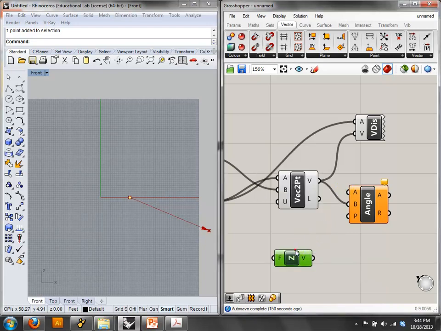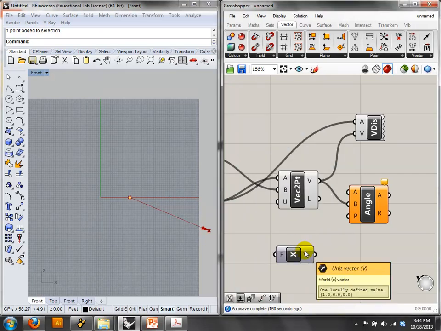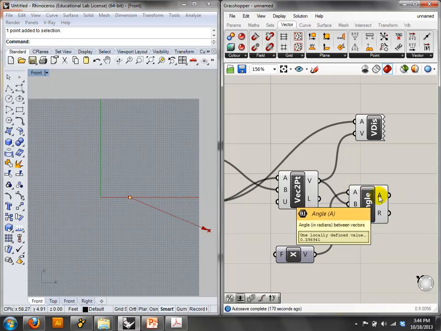Actually, the x-plane. What am I thinking about? Because remember, x, y, and z were the vectors that we were using to move things, and they're kind of dumb vectors too. They don't have anything. They're just kind of flat. But what that does is, if I measure the difference between our new vector that I made and the world, it gives me the angle in radians.